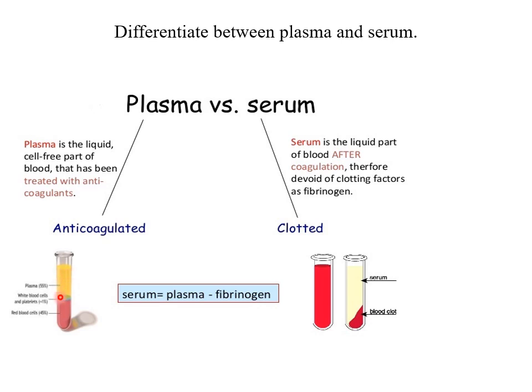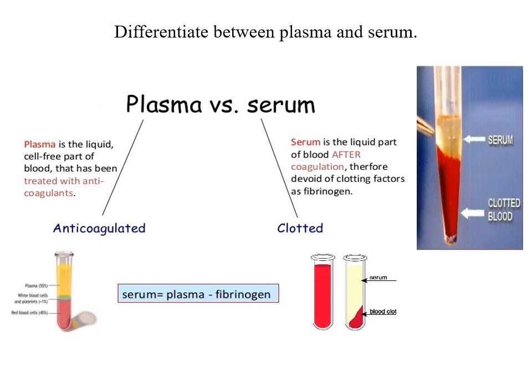Then you have a layer in the middle, called the buffy coat, which consists of WBCs and platelets. And you have a lowermost layer, which usually consists of only red blood cells. So the lower layer is the RBCs, the middle layer is the buffy coat, which consists of platelets and white blood cells, and the upper layer has only the plasma.